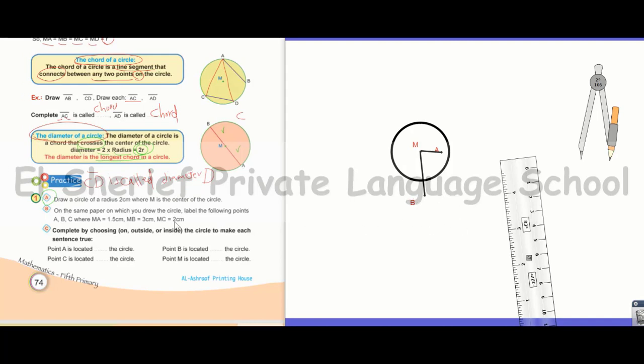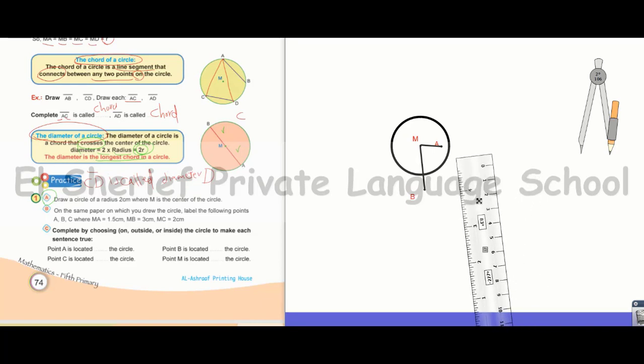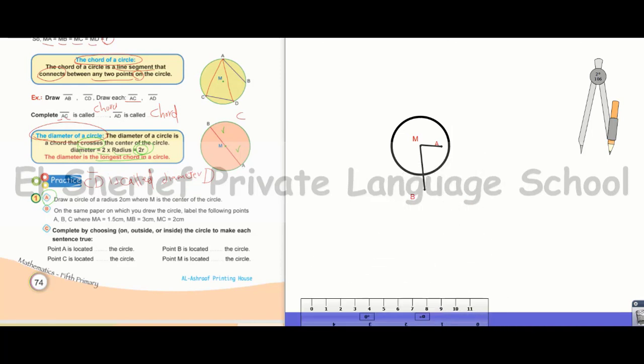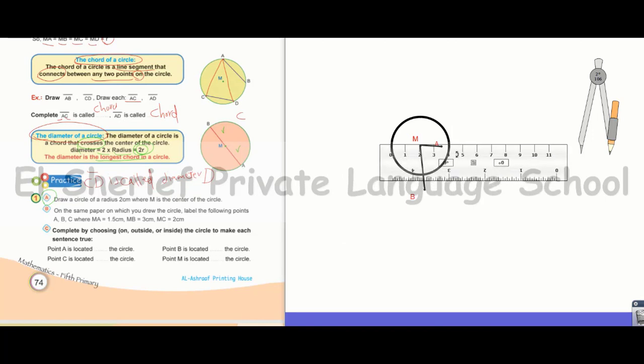And we need to draw MC equal to 2 centimeter. That equals the radius. So 2 centimeter means this point is exactly on the circle.